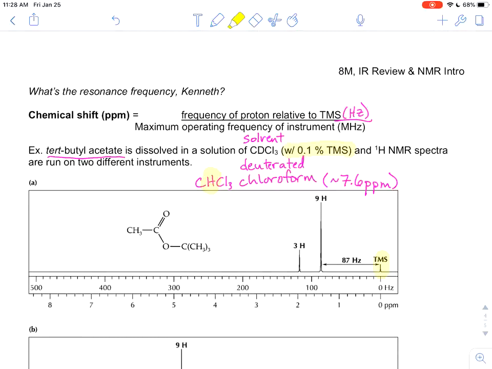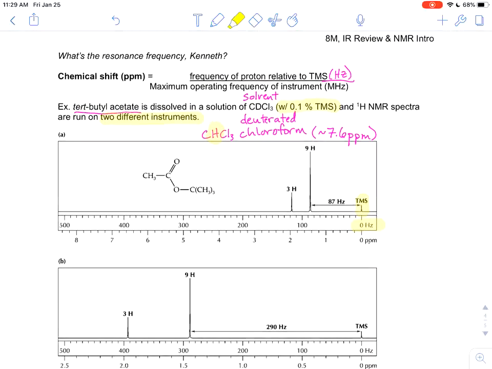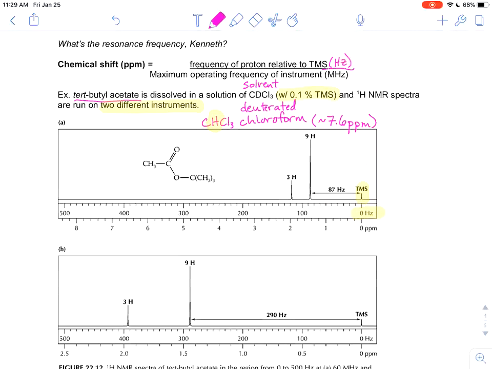But we use a chemical shift as opposed to giving the units in hertz so that we can run the sample on multiple instruments. So the example below shows that we could take the same compound on 2 different instruments, and we end up with the same chemical shifts for both. So here we go. Okay, so here's tert-butyl acetate.